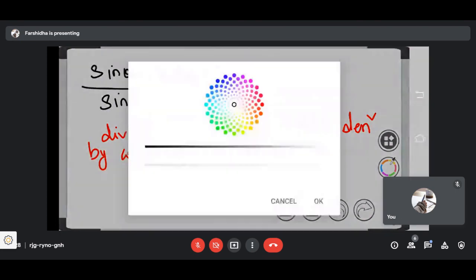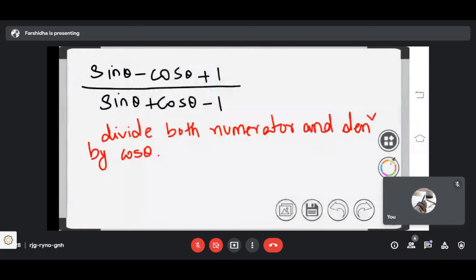So why did I say cos theta? Because if you divide all the terms by cos, see here, sine by cos, you will get tan. Cos by cos is 1, 1 by cos, you will get sec. That's why I told you to divide all the terms by cos theta, so that you will get sec and tan. Sine by cos is tan, 1 by cos is sec. So I'm going to divide all the terms by cos.